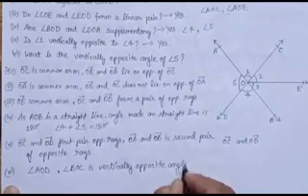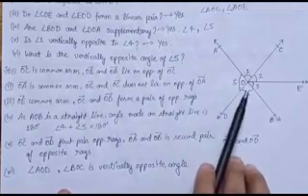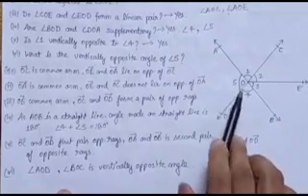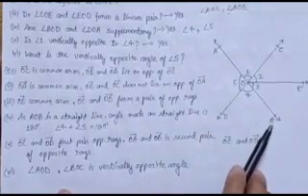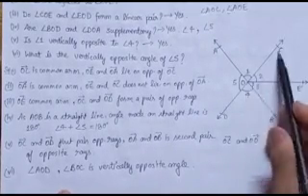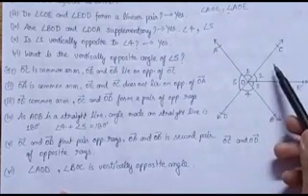Why? Because you can see that for angle AOD and angle BOC, OA and OB form a pair of opposite rays, and OC and OD form a second pair of opposite rays.